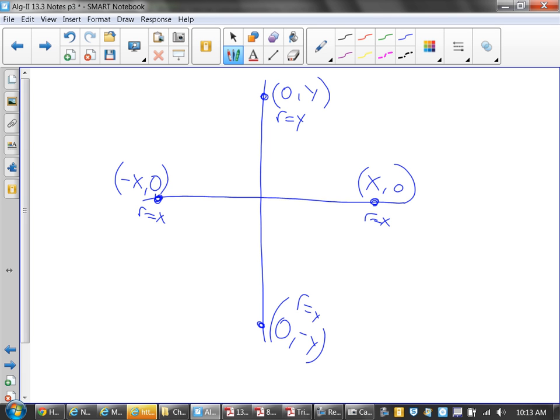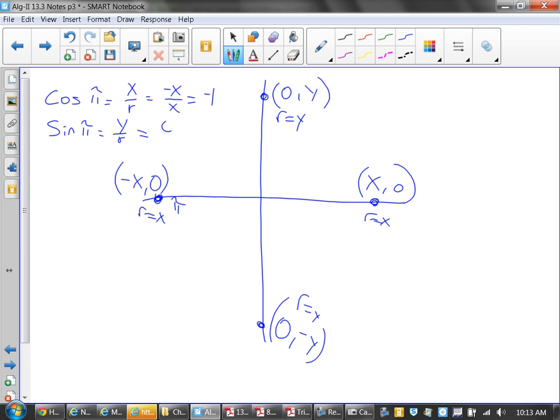So if I want to talk about being at pi, and I want to find the cosine of pi, the cosine of pi is x over r. In this case, the value of x is negative x, and the value of r is x. What's negative x divided by positive x? Negative 1, very good. If I'm going to look at the sine, the sine value at pi is y over r.